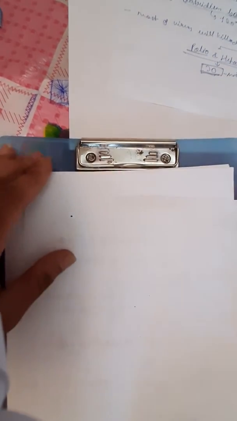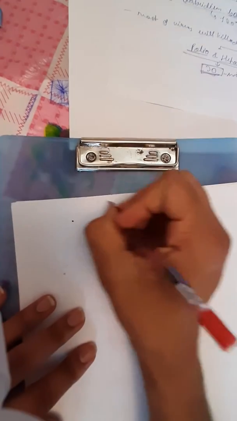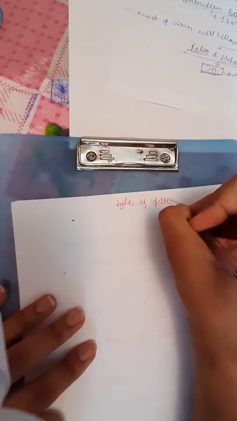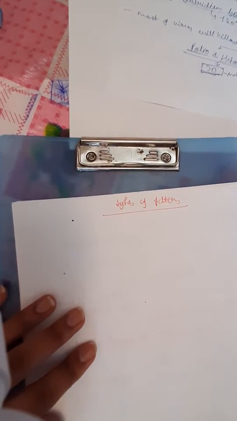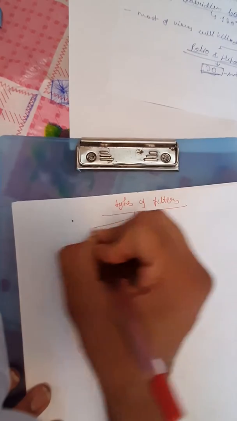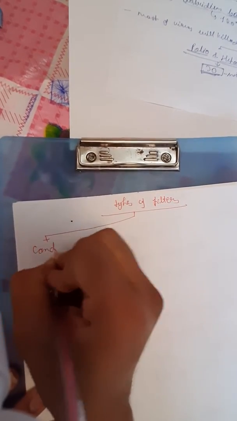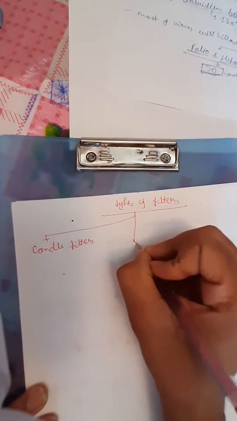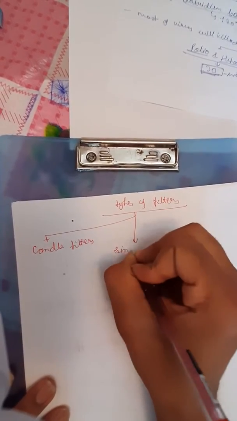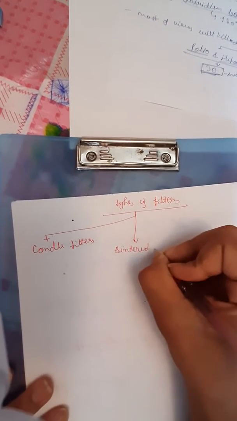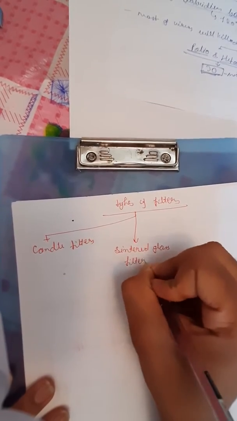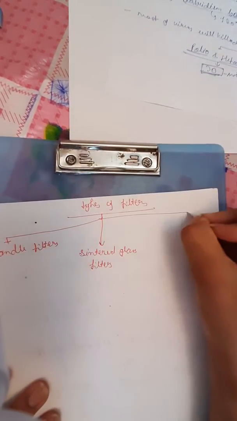Now we will see types of filters. There we will get candle filters, sintered glass filters, and membrane filters.